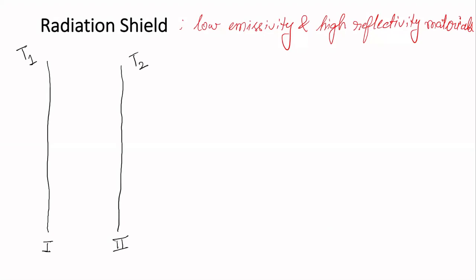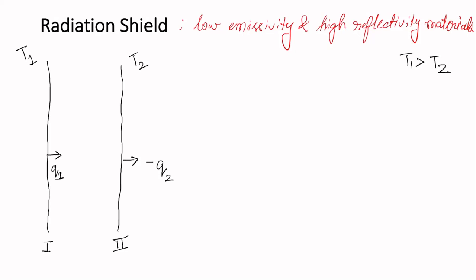Based on the temperature difference, there will be a net radiation flux going from one plate to the other. Let's say T1 is greater than T2, so a net radiation will go from 1 and reach 2. If I say the net radiation going away from the plate is positive, then the net radiation coming into the plate has to be given a negative sign, just for the sign convention.